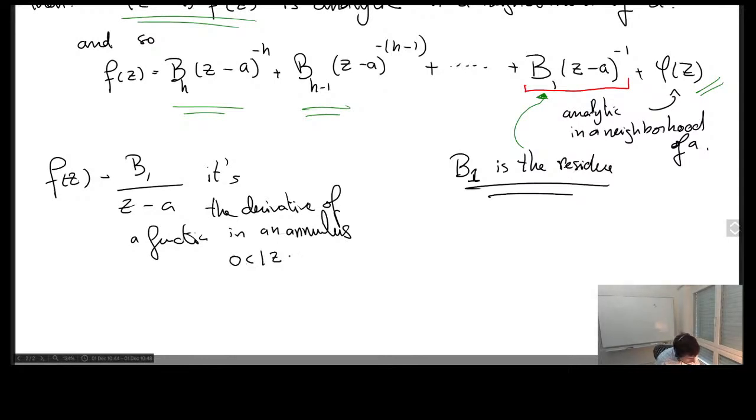And so this means that once we are able to do this expansion, then immediately we get the residue. So the residue is just b_1. There's no need to compute any integrals. Of course, we need to do this expansion, but there is no need to compute these integrals.